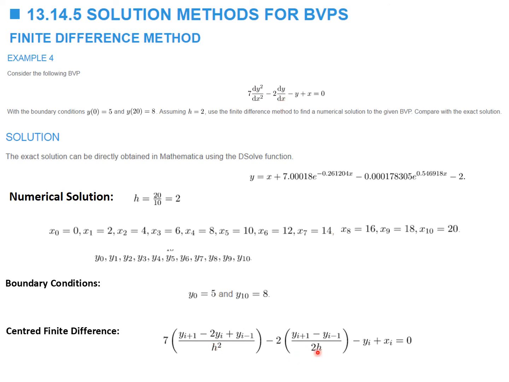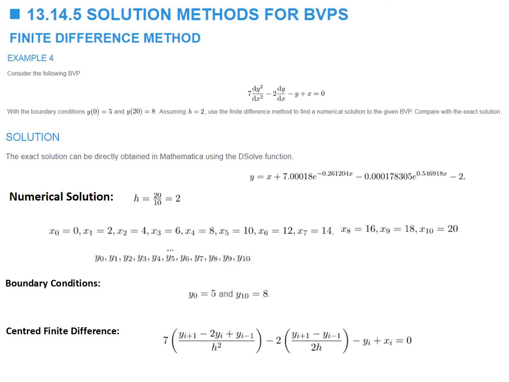The first derivative has this as its finite difference approximation. y stays y and x stays x. And these values are given at y1 and x1. For i equal to 2 it will be y2 and x2, and so on, depending on the value of i. So we're going to substitute different values of i from 1 all the way to 9.